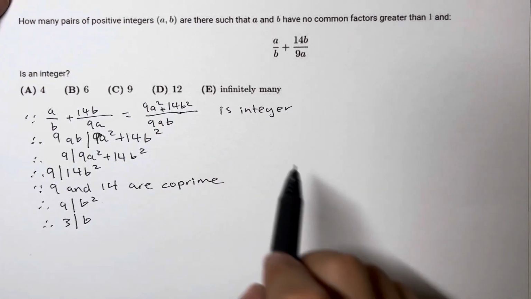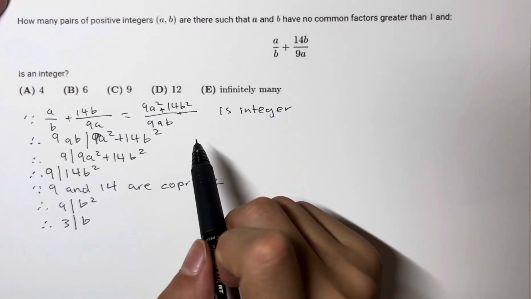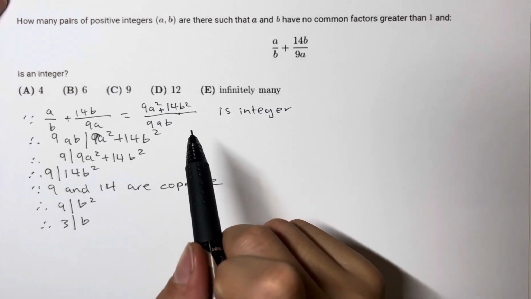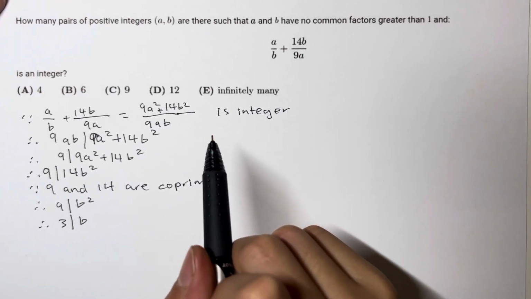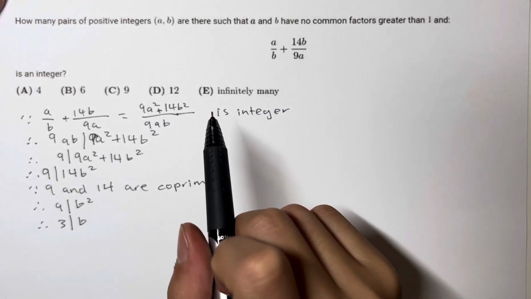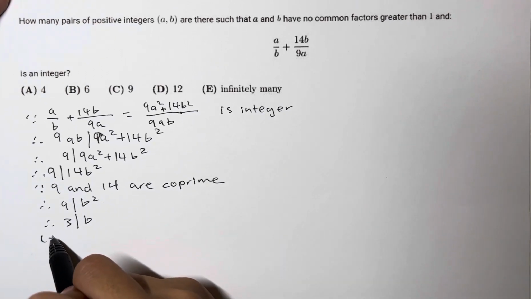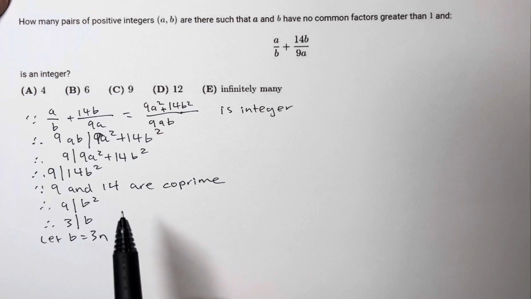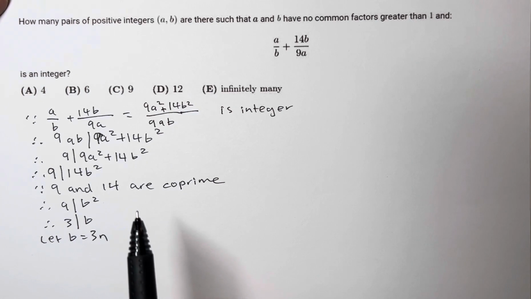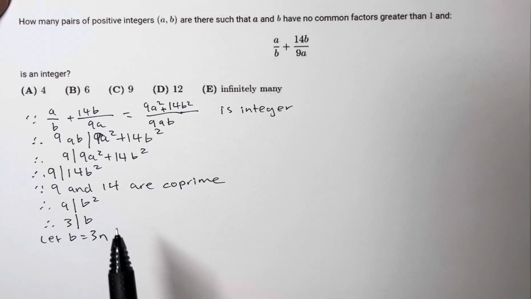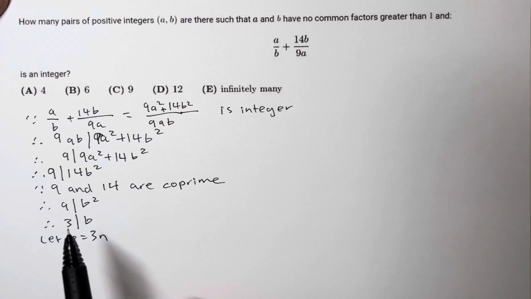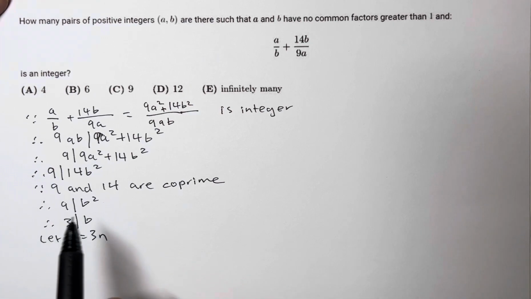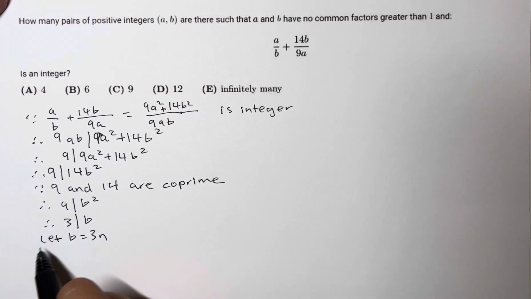And now we can use a common method in solving this kind of problem. If you know 3 is a factor of b, it might help to replace b. So let b equal 3n. Now we can actually do more with 3n than we can do with b because we add more numbers in the equation. You'll see how this is helpful later on.